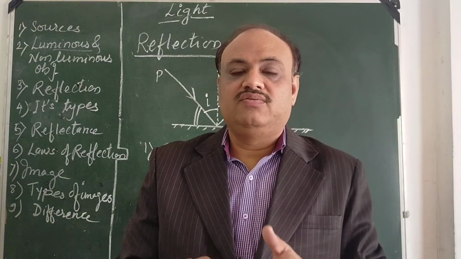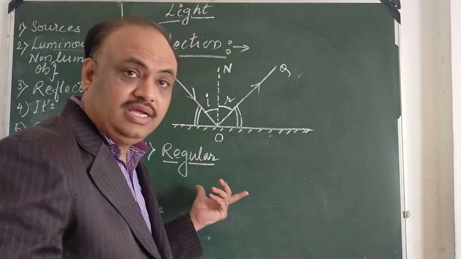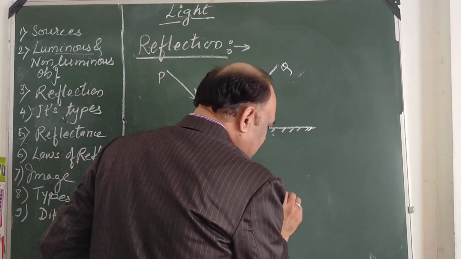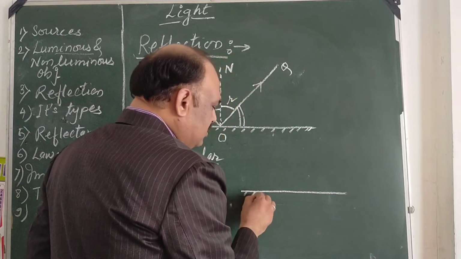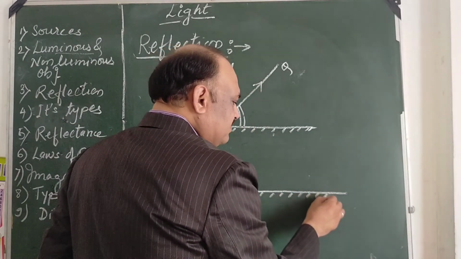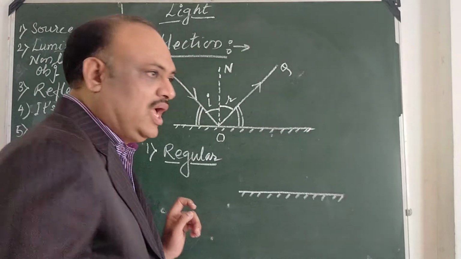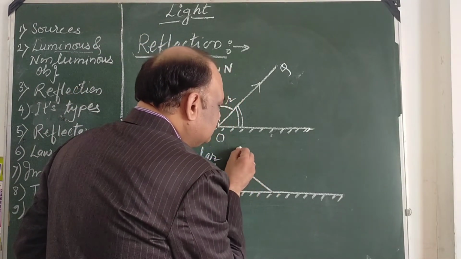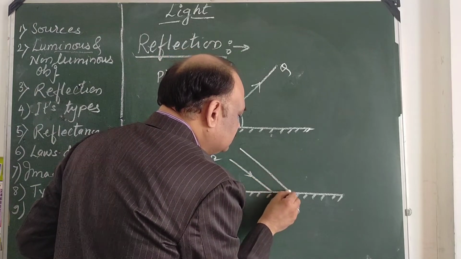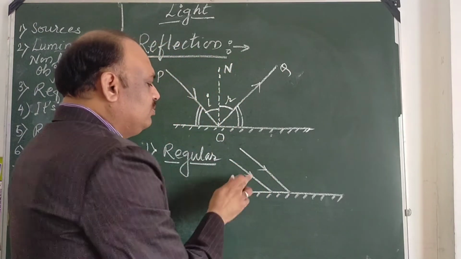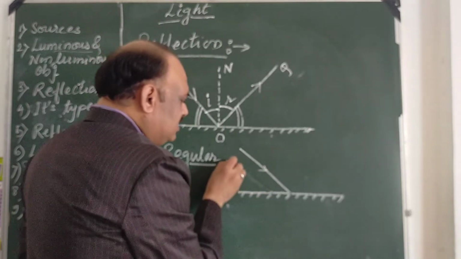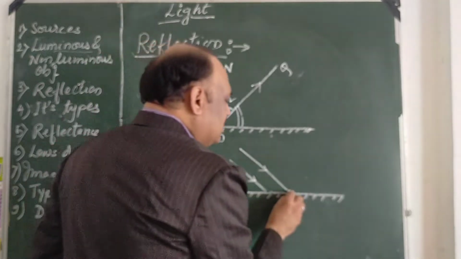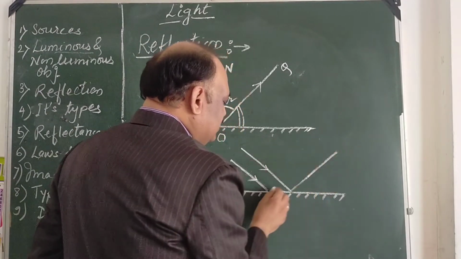Regular means it will have some regularity. It is defined in such a way that if I have a plane reflecting surface, and a parallel beam of light is falling on it, like this, then the reflected rays are also parallel to each other.